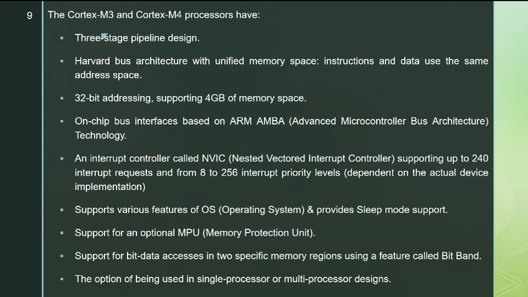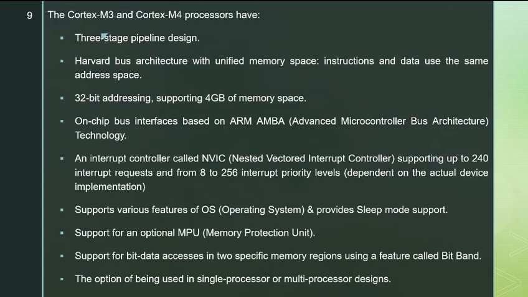The Cortex-M3 and M4 processors have a three-stage pipeline design, Harvard bus architecture with unified memory space, 32-bit addressing supporting 4 GB of memory space, and on-chip bus interfaces based on ARM AMBA technology. An interrupt controller called NVIC, Nested Vectored Interrupt Controller, supports up to 240 interrupt requests and from 8 to 256 interrupt priority levels dependent on the actual device implementation.